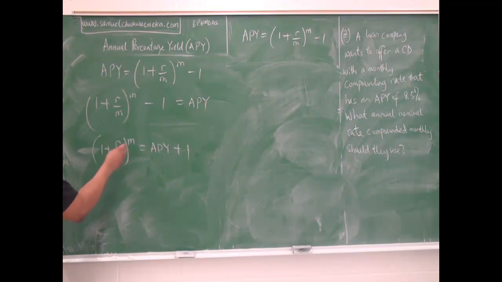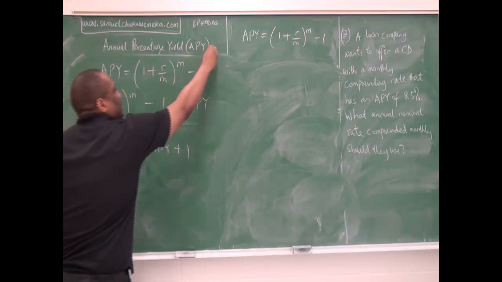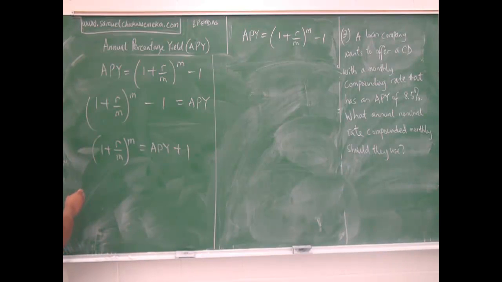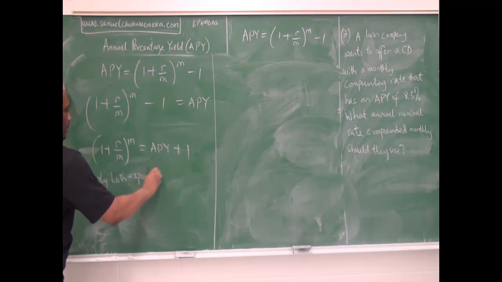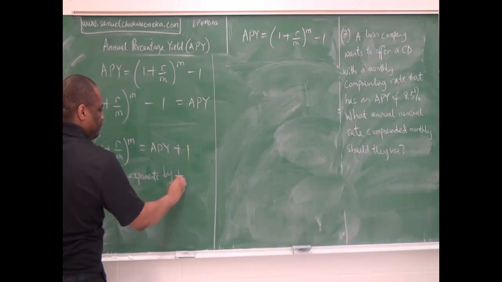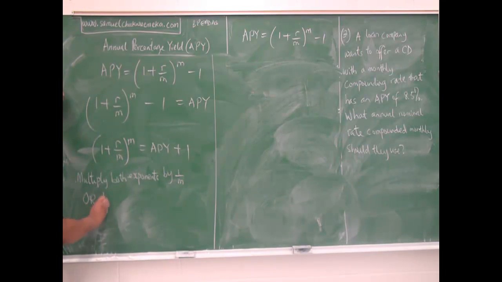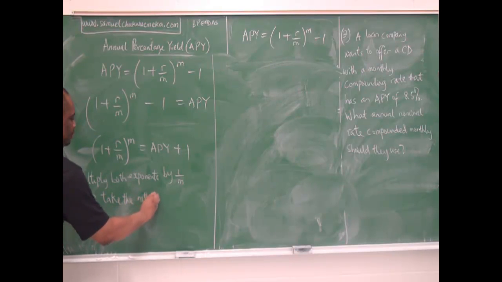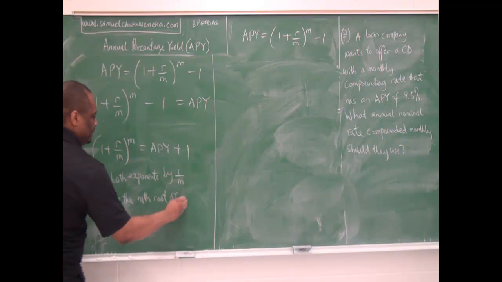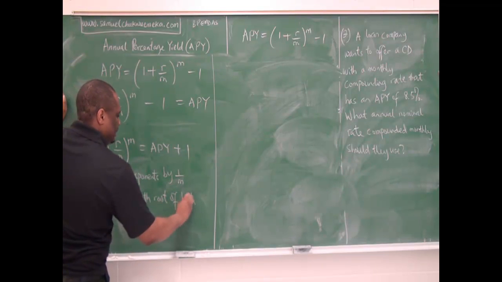So I will say multiply both exponents by 1 over m, or take the nth root of both sides. It is the same thing.